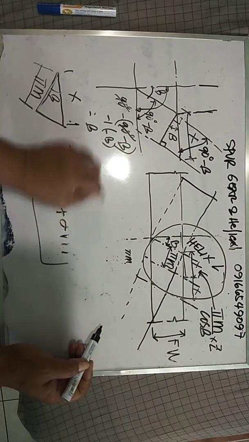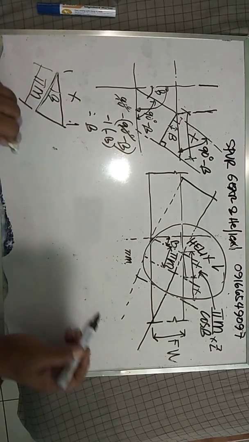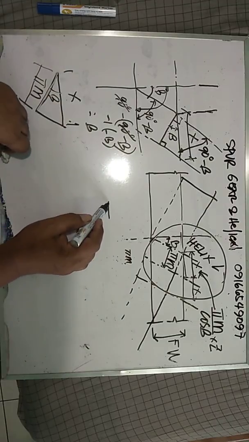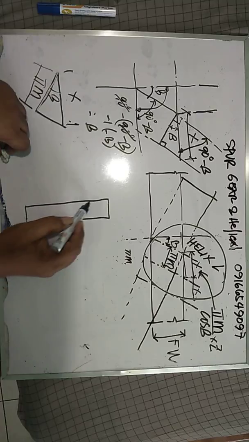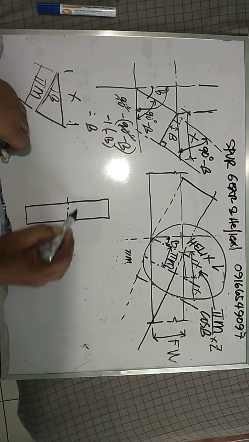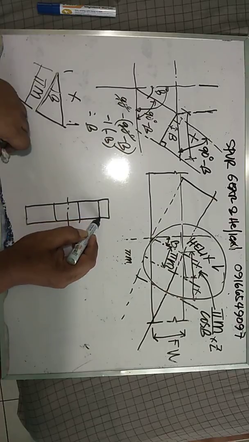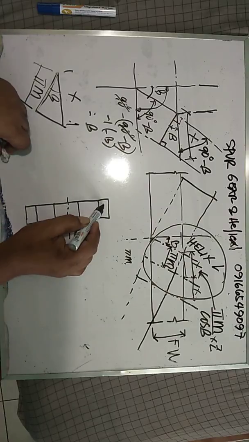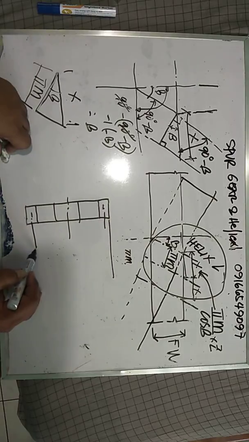Okay, if we make a shaft drawing for helical gear, like this one, this is the center distance, and this is the inside diameter, and this is the root diameter. This is pitch circle diameter, which is outside diameter.